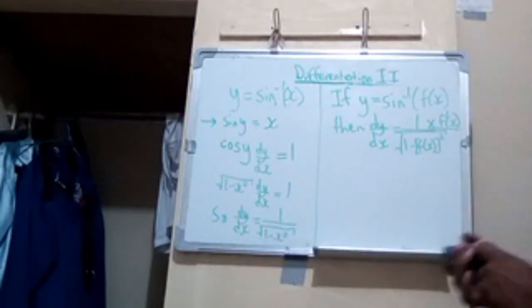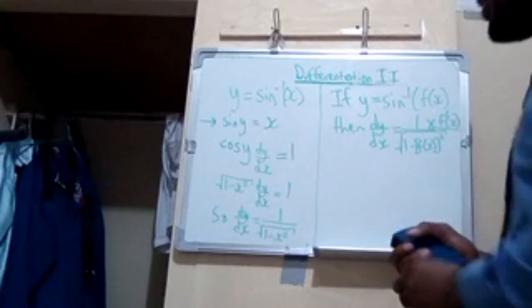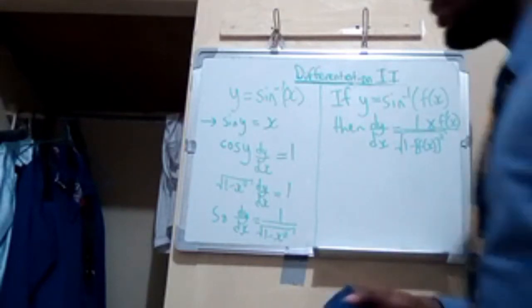And that's how we find dy by dx when y is equal to sine inverse of x.